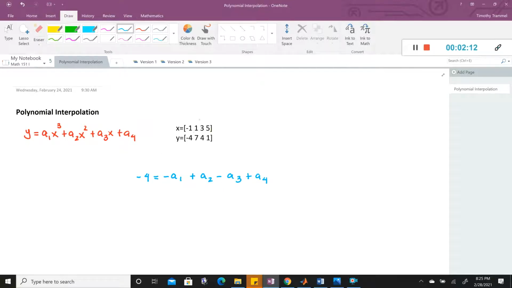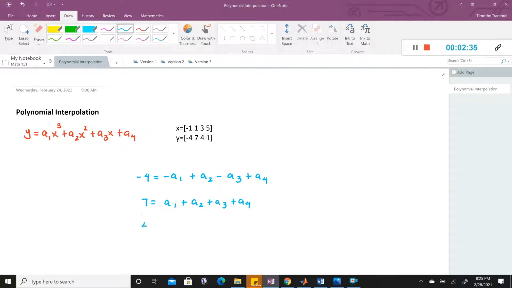Let's do the same thing with x equals 1 and y equals 7. So we'd have 7 is equal to, and then if you cube 1, you'd get 1. So we'll have a1 plus a2 plus a3 plus a4. And then we'll plug in the next set of points, 3 and 4.